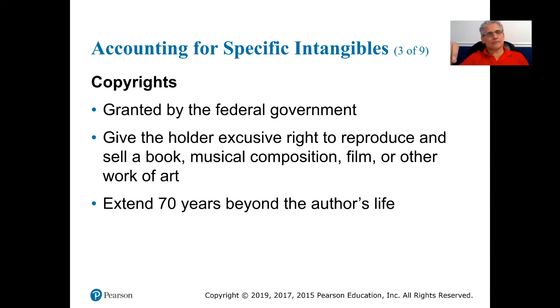You register it, you have the copyright, and you can hold that copyright for your life completely. Then once you pass, it transfers to your heirs, or maybe you sold it before you passed, and whoever holds it can continue to have value for up to 70 years after you've passed.